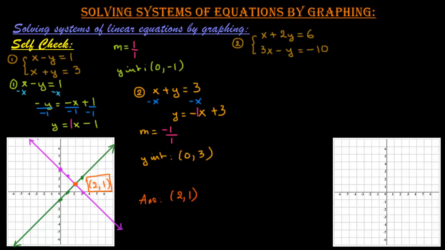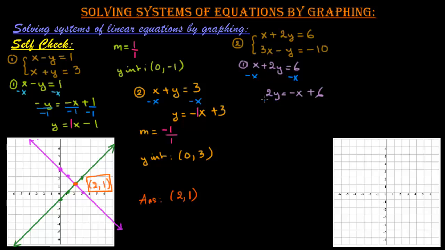Okay, it's the same idea. We're going to solve problem 2. So pick out the first equation: x plus 2y equal to 6, and we're going to solve for y, so subtract x on both sides. So 2y equal to negative x plus 6.